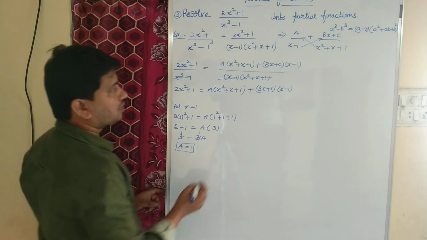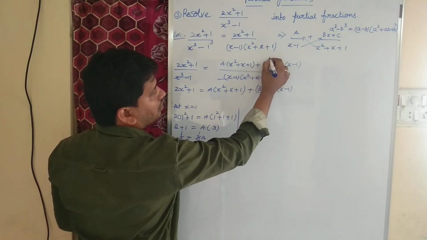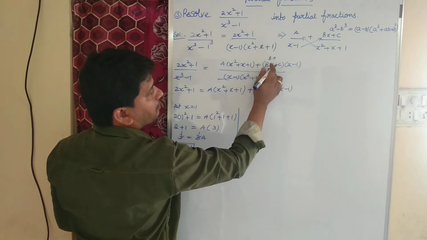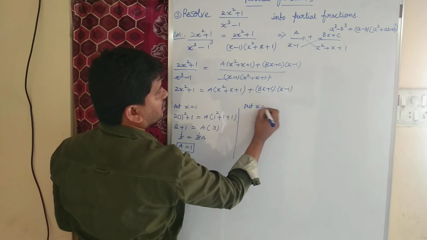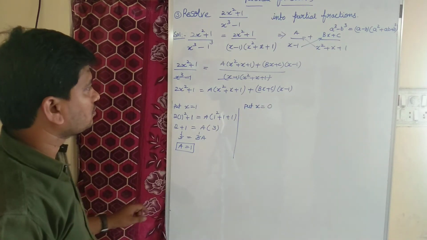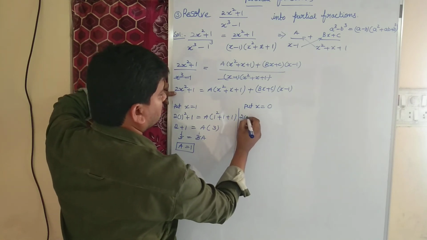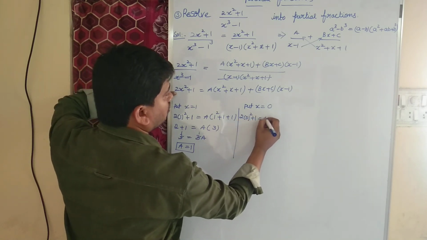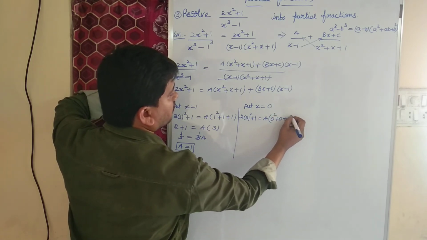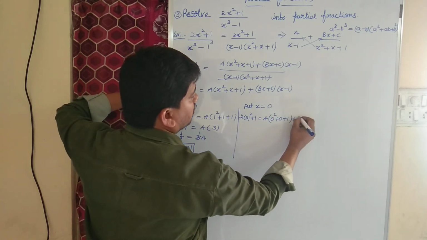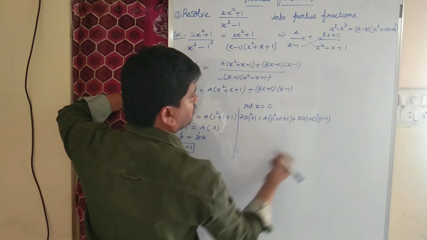Again put x equal to 0. If you substitute 0 in place of x, b into 0, this term will become 0, right? Now 2 into 0 plus 1 equal to a into 0 square plus 0 plus 1, plus b into 0 plus c into 0 minus 1.